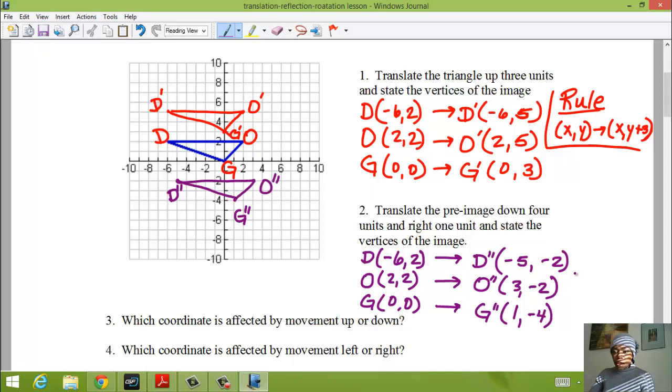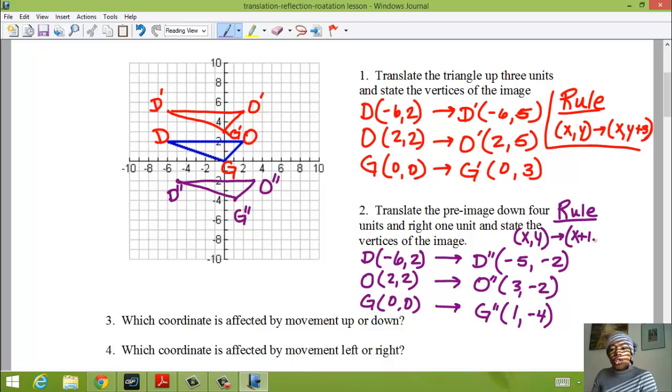Let's see if we can figure out the rule here. What did we do to the x coordinate? How did the x coordinate change? How did the y coordinate change? Hopefully you can see that for the x coordinate, we added 1 in each case. To go from -6 to -5, we add 1. 2 to 3, 1. 0 to 1, 1. So if you have a regular coordinate of x and y for your pre-image, to get to your image, you'll take whatever the x coordinate is and add 1 to it.